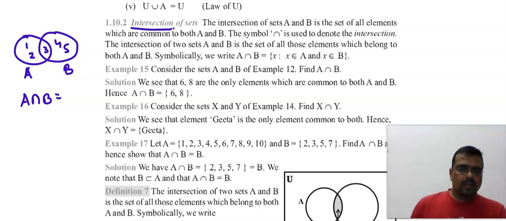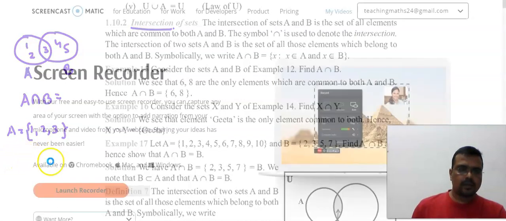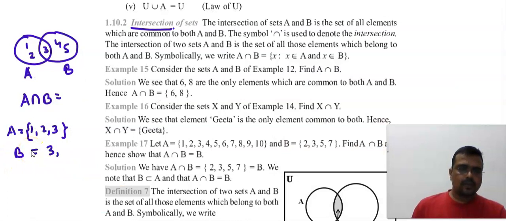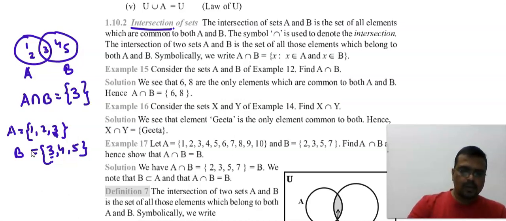So set A has 1, 2, 3, you can see, and set B has 3, 4 and 5. So which element is common between A and B? You can see element 3 is common. So we say that A intersection B would be set 3. We need to write it in the form of set. Okay.